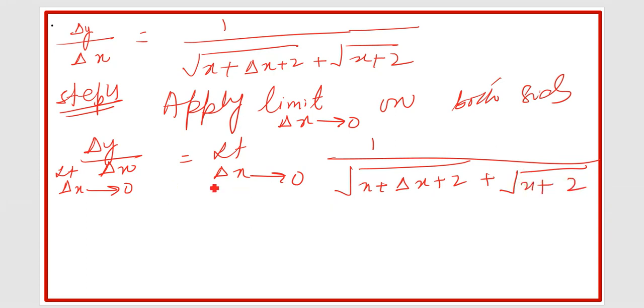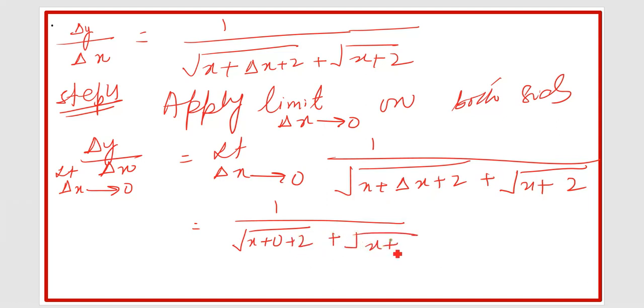So wherever you see delta x, you have to put 0 there. So it will be x plus 0. And whenever you apply delta x tends to 0, delta y over delta x becomes dy by dx.